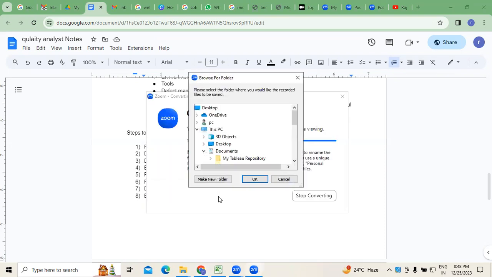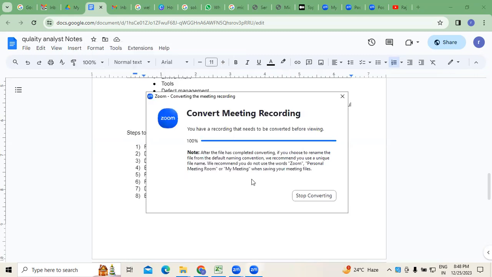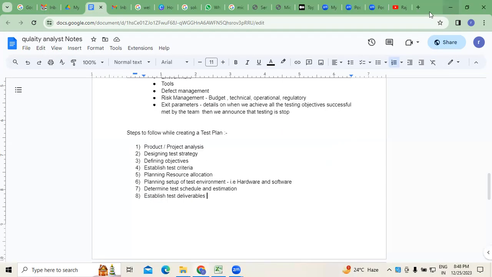If you want to perform any test planning, it's always important for us to follow these steps whenever we are creating the test plan. First of all, we must give a glimpse over product and project analysis. Next, we go for designing the test strategy.